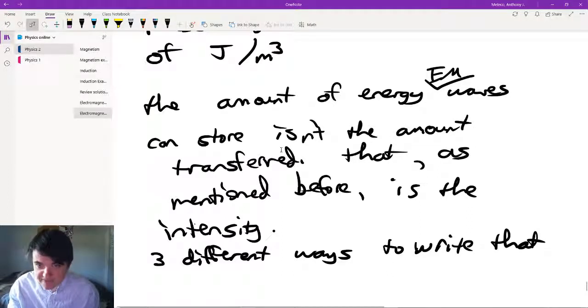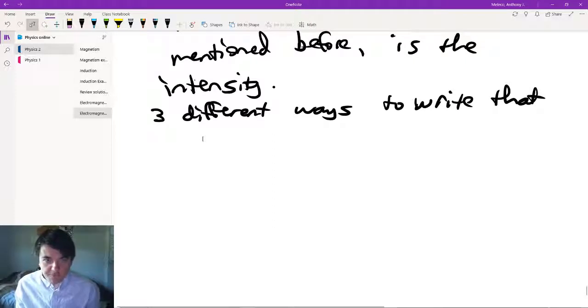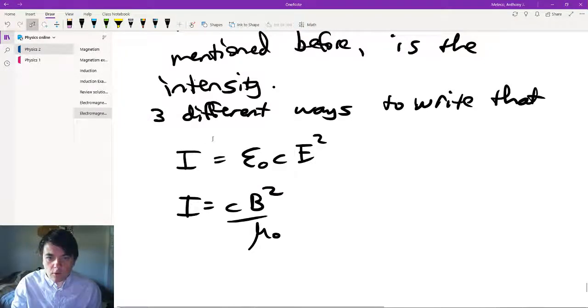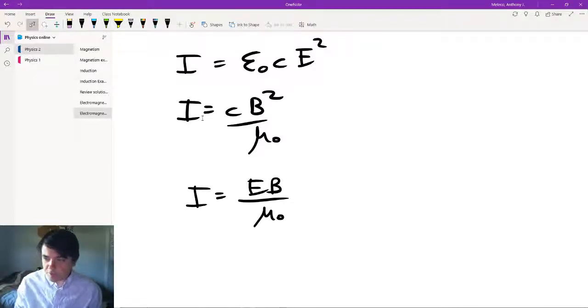That's their storage capacity. The amount that's transferred is the intensity. And three different ways to write intensity. So epsilon naught C E squared. You can write it in terms of B field only. And you can write it in terms of both.